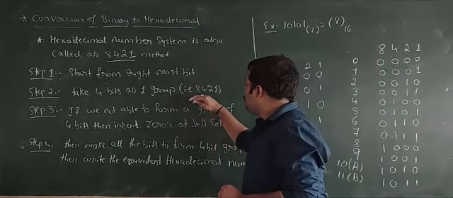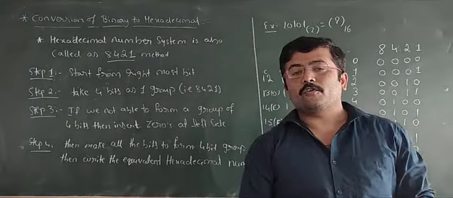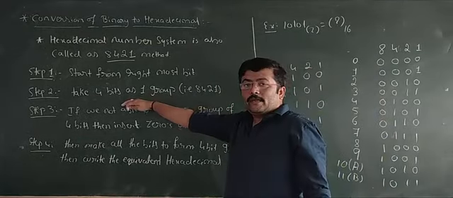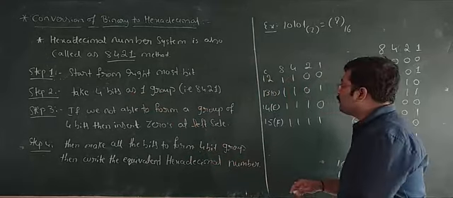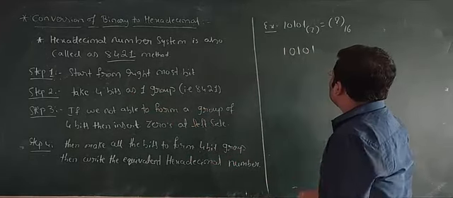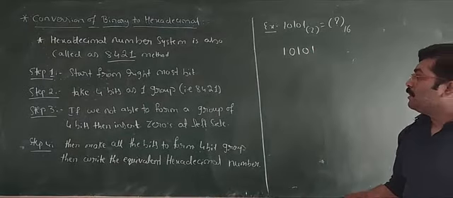So it takes 4 bits to create one group. So this is my example, that is 10101.